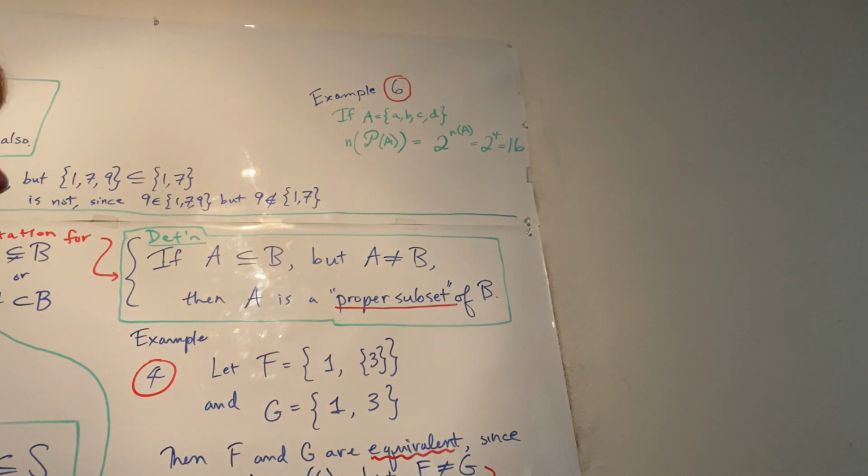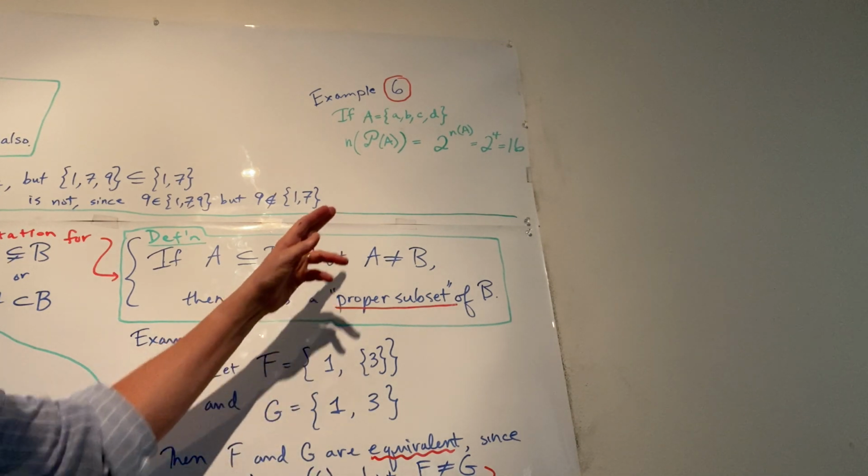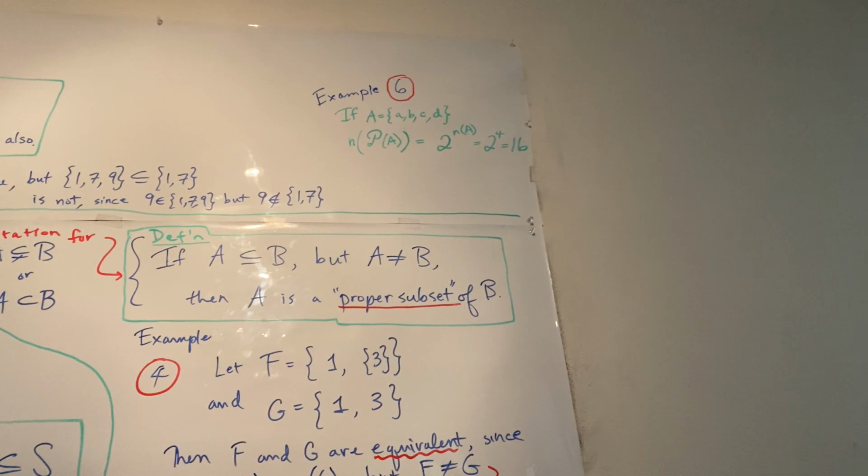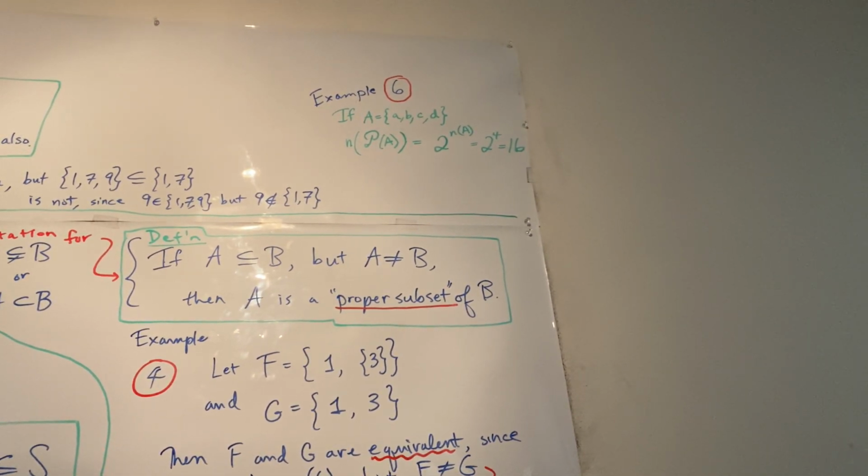So proper non-empty subsets, proper non-empty subcommittees, 14 of them. We'll get back to that kind of counting problem when we get into chapter 11 on probability. Okay, that's it.